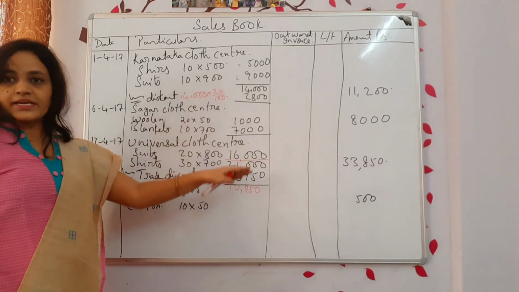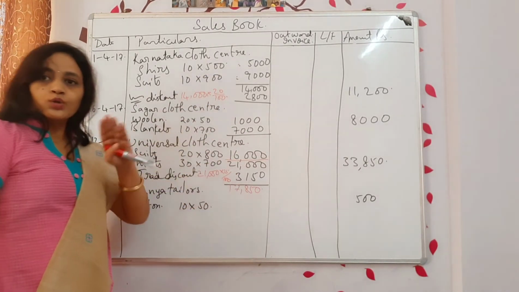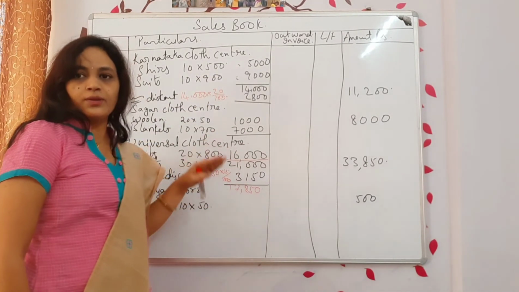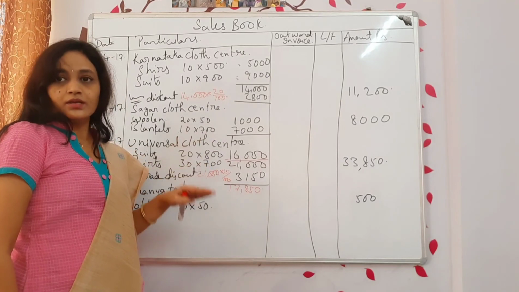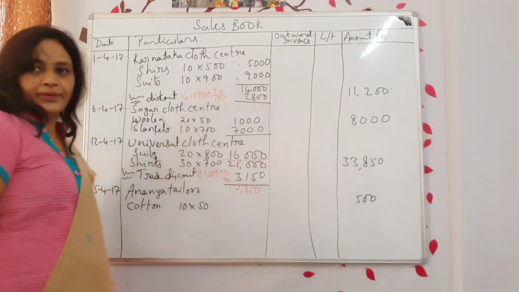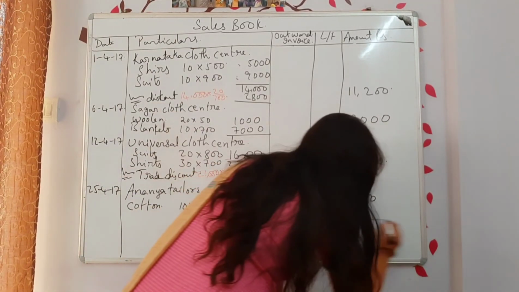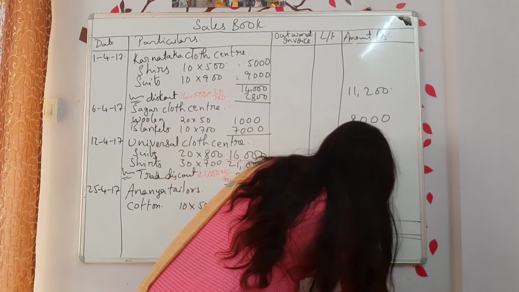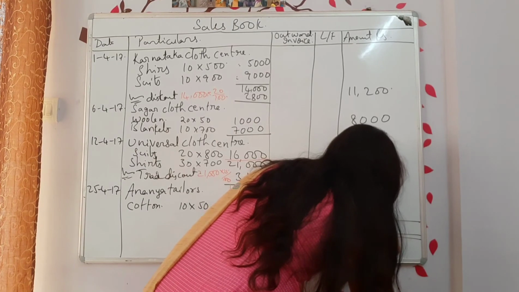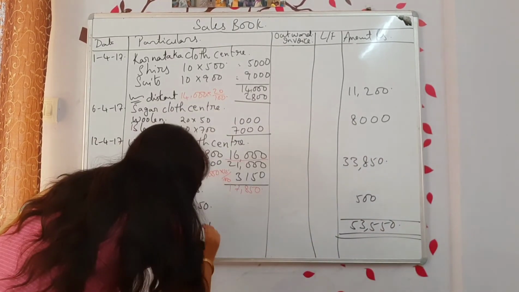Only credit transactions will be taken here. No cash transactions will be included. Please check this one. Now do the total. It is 53,550.